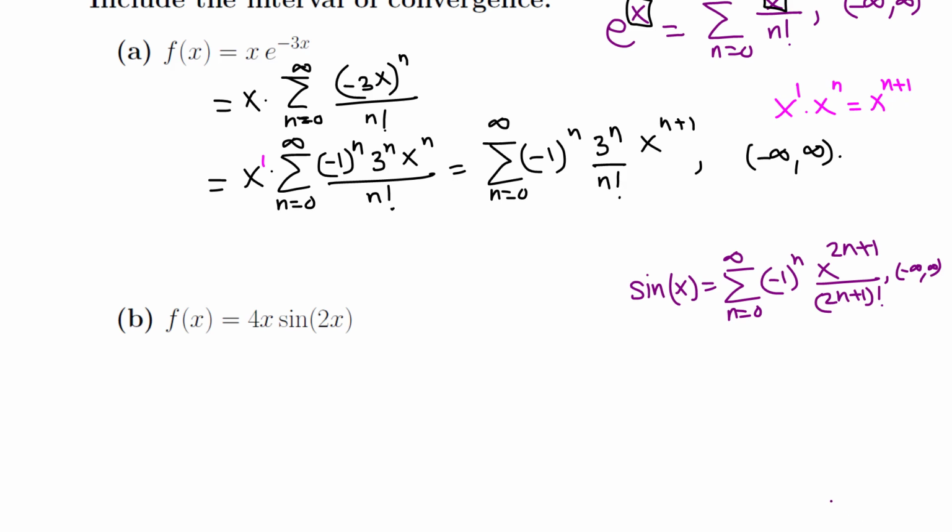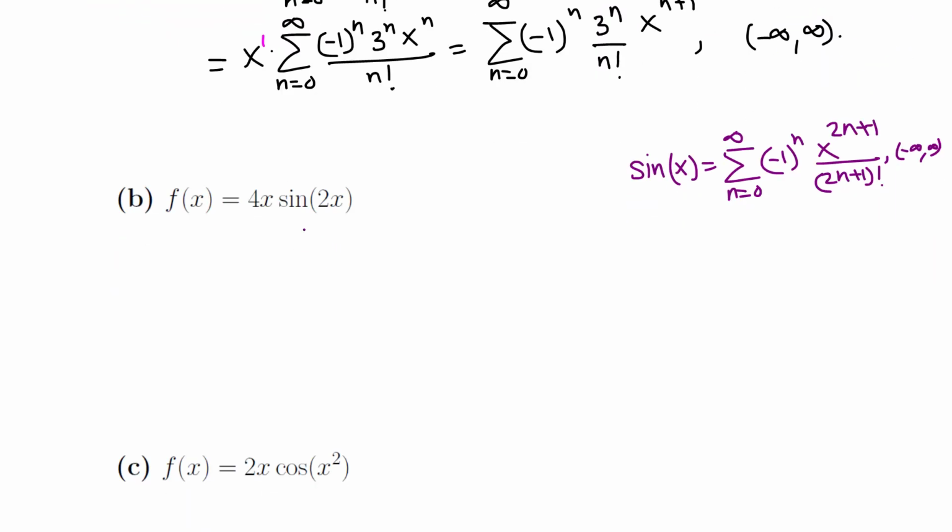Now part B is 4x times sine 2x. For sine 2x, we can find the Maclaurin series in this way. We replace this x by 2x, so this x is simply 2x. This is given; the Maclaurin series for sine x was given.